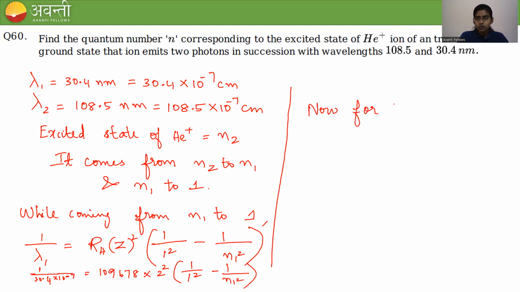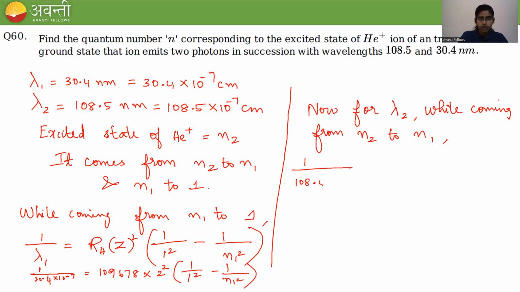Now for lambda 2, that is while coming from n2 to n1. So 1 by lambda 2, that is 108.5 into 10 power minus 7, will be equal to the Rydberg constant 109,678 into Z square, which is 2 square.